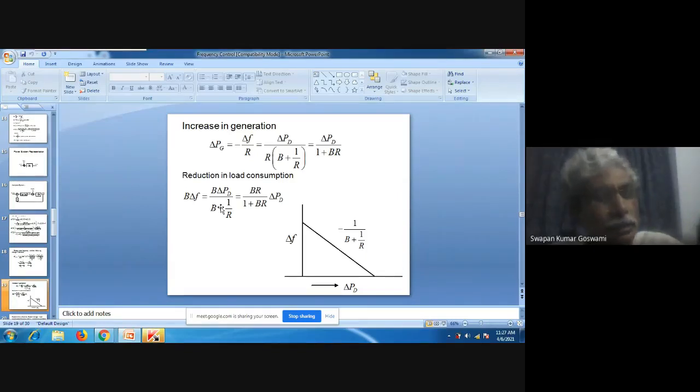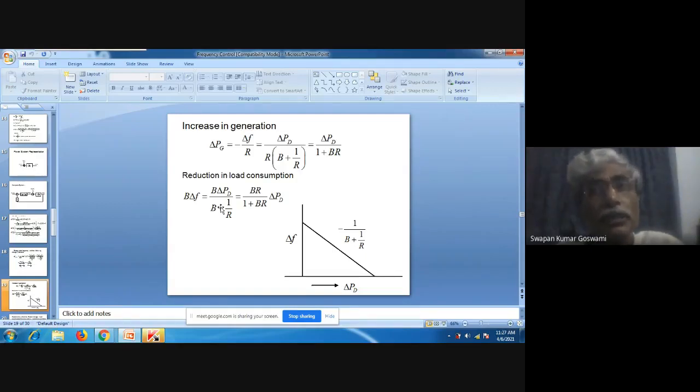Since the frequency is changing, the system will release its kinetic energy, and that released kinetic energy will be supplied to the newly connected load. Not only that, the generator will be generating more power because of the governor action, and the existing load will be consuming less power because of the reduced frequency.